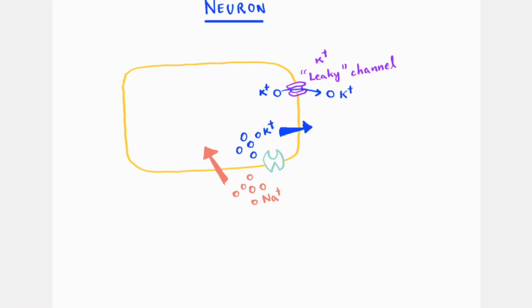Since there are three Na plus ions going outside and two K plus coming inside every cycle, you can already gauge the difference. It's by one charge, isn't it? So positive charge is accumulating outside, right?